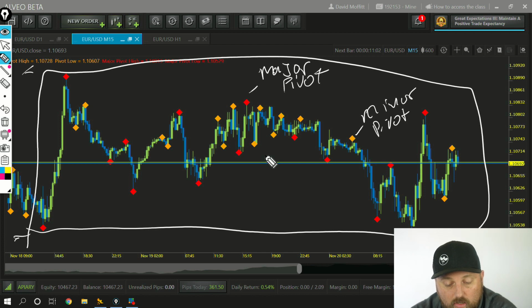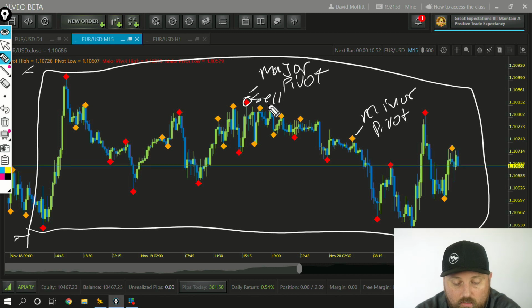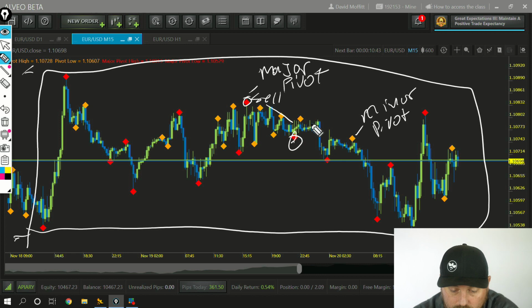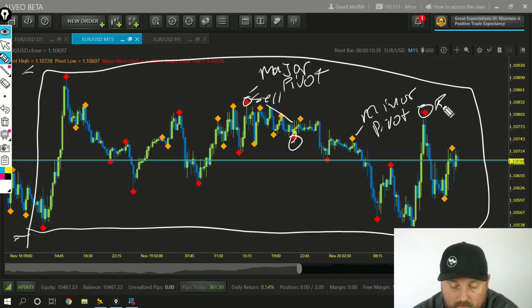So if you look at the history of this chart, this candlestick just created a red pivot, so we should now be selling until we see the next red pivot, and then we should get into a little bit of a buy until we see the next red pivot.